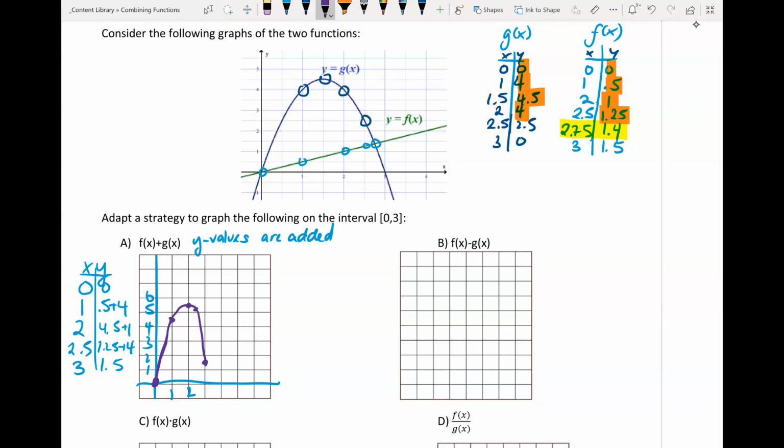We are done. We do need to consider the end behavior of our combined graph. If we take a look at this corner here, we have a negative value plus a negative value, which means that we're going to have a more negative value. So I'm going to go down and put an arrow there.